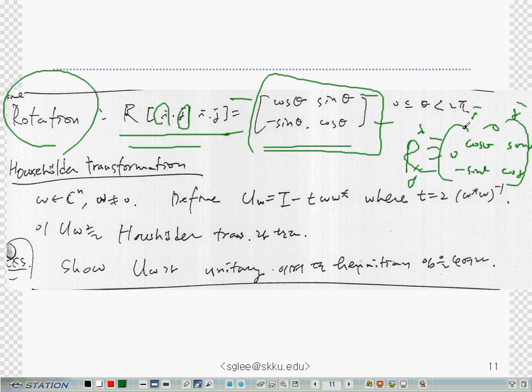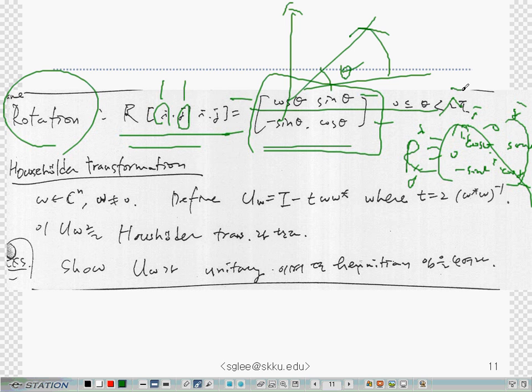All the other diagonal entries are ones, and all other entries are zeros except those four. What that means is it rotates any vector in the plane of the i and j axes by the angle theta.